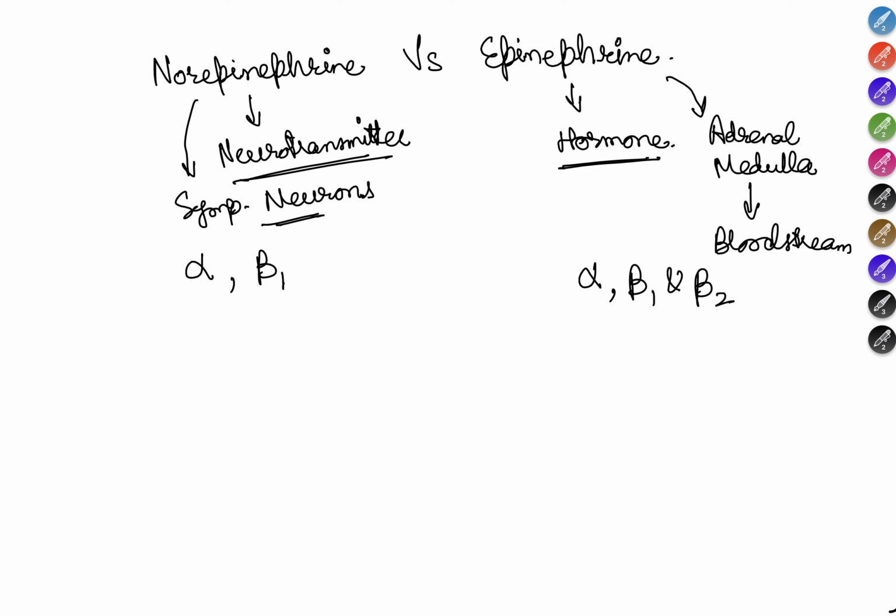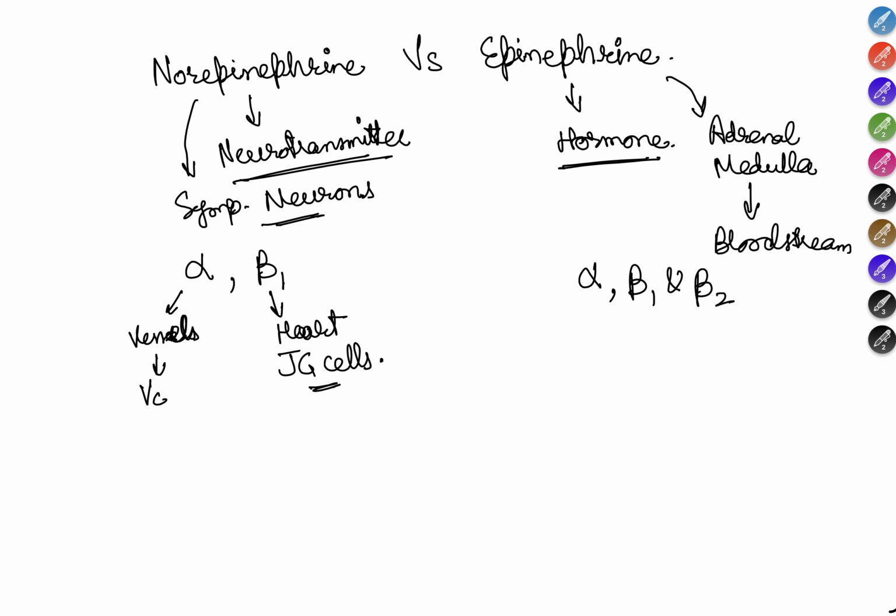Because if you can understand that alpha is mostly present on the vessels, and on the vessels what you can see is it will cause vasoconstriction. All right, and beta 1 is present on two sites. One is the heart and second is the JG cells or the juxtaglomerular apparatus.